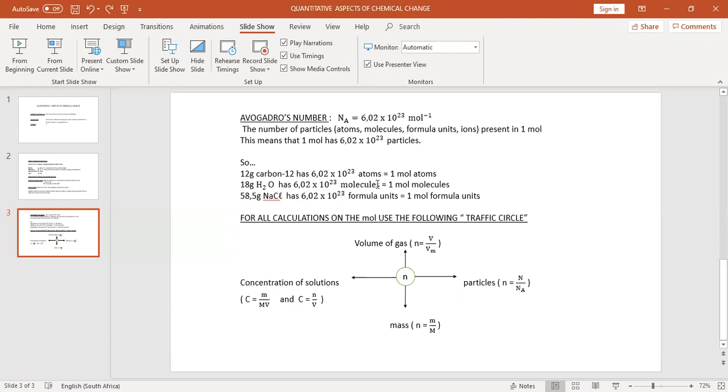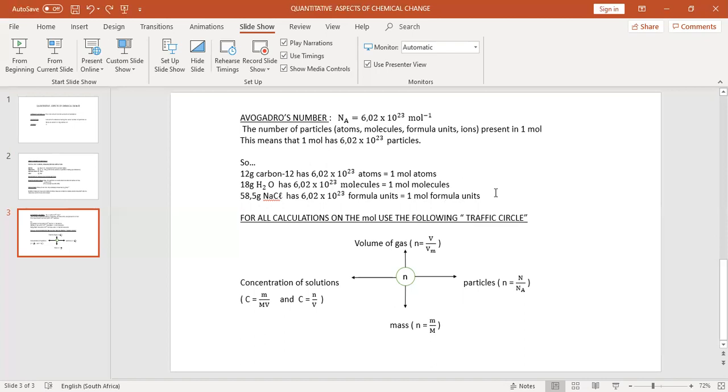And it's the same as saying 1 mole of molecules. Here, I'm talking about a formula unit. So if I take 58,5 grams, how did I get this? It's 23 plus 35,5. 58,5 grams. Then I have Avogadro number of formula units, or I just say 1 mole of formula units.